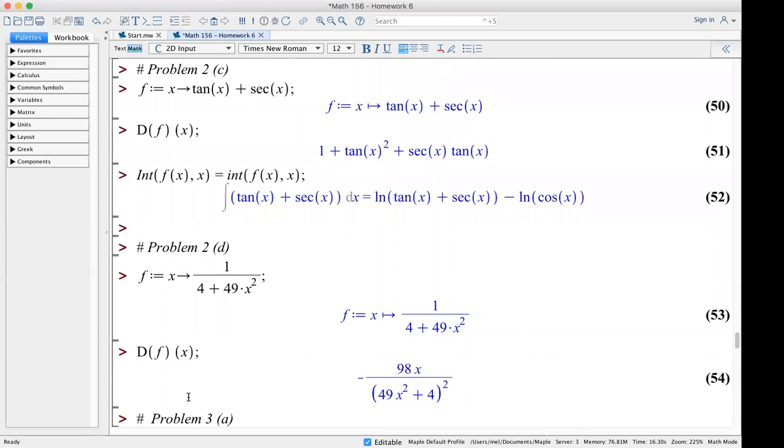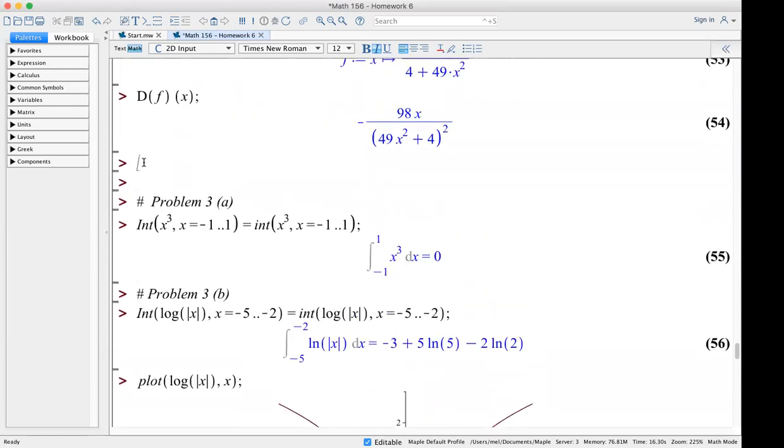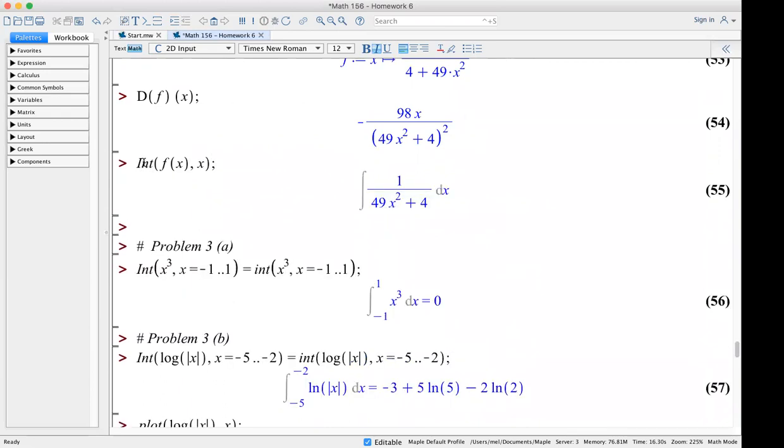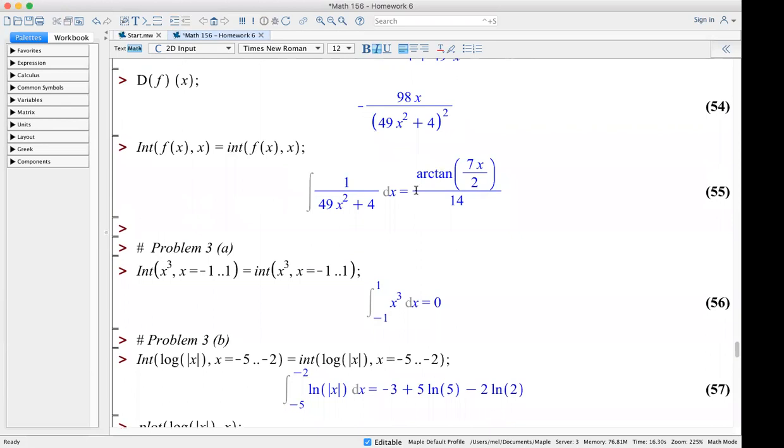That's the derivative. And the integral of f of x with respect to x. If I write it with a capital I, I just get the statement of the problem. When I write it with a lowercase I, I get the answer, and this you should recognize is an arctangent, and here it is.